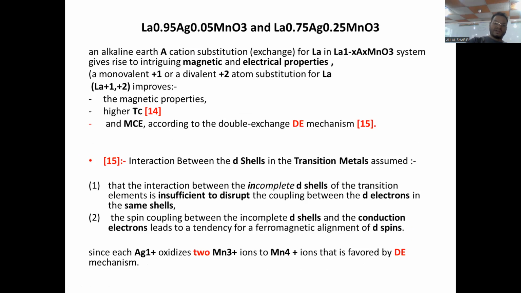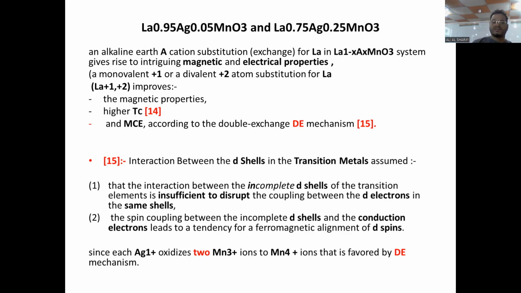Here, alkaline earth cation substitutions exchanged for lanthanum in the structure give rise to interesting magnetic, structural and electrical properties. Here, do the monovalent and divalent lanthanum dopings improve what? They improve the magnetic properties, higher Curie temperature and magnetoresistance, according to the double exchange.